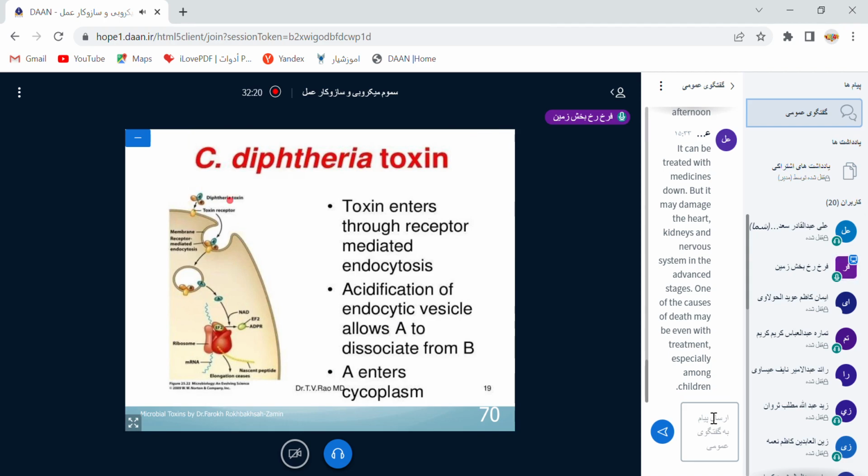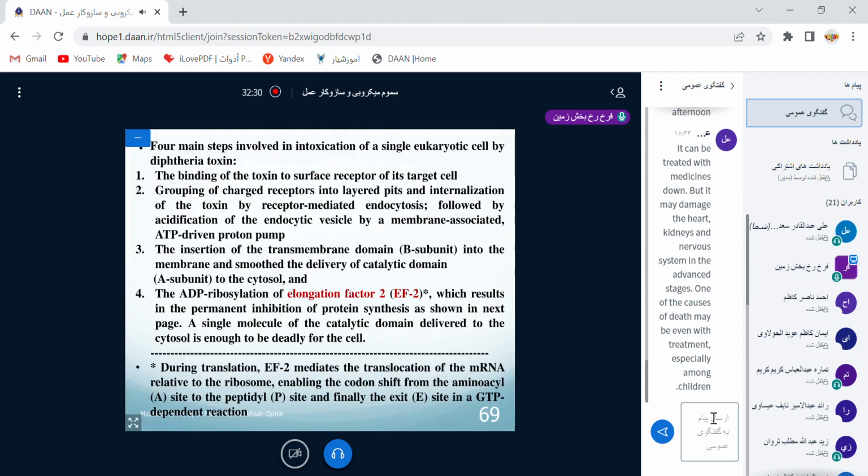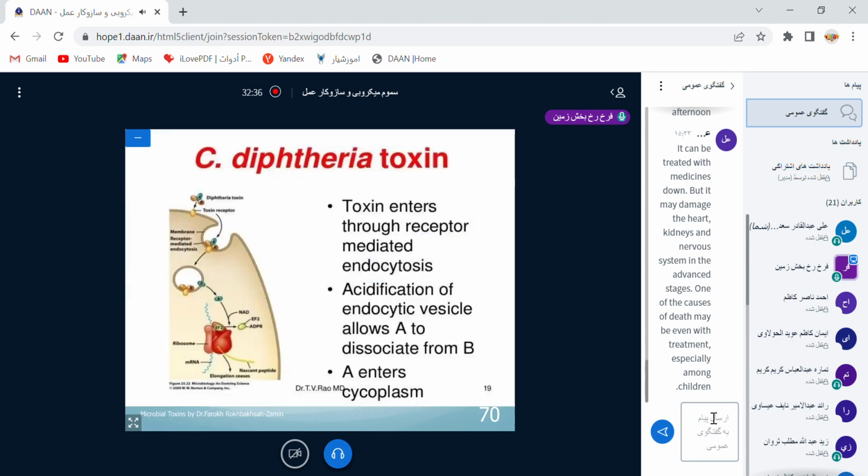So it is the mechanism of the toxin coming inside the cell and doing its negative effect. It is what I explained. Don't confuse it, we only read it because it is very simple. Finding key and lock.